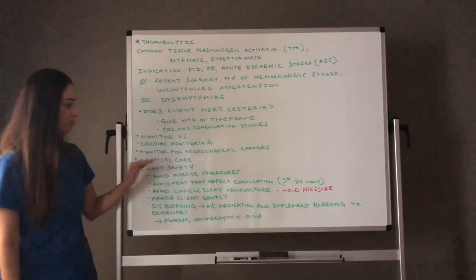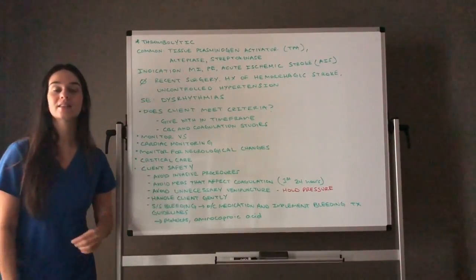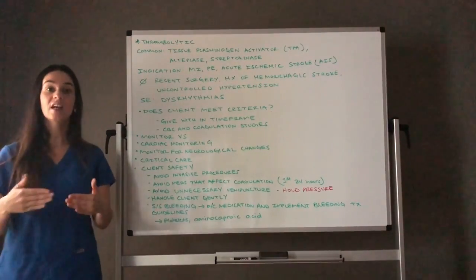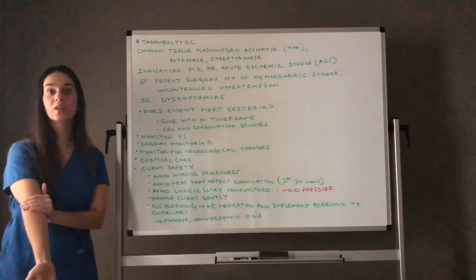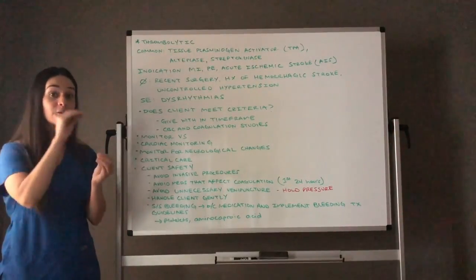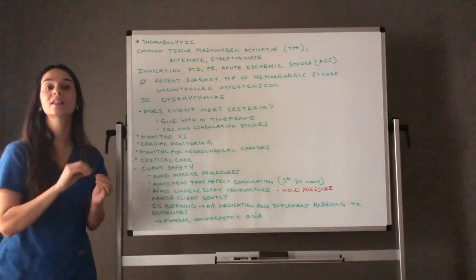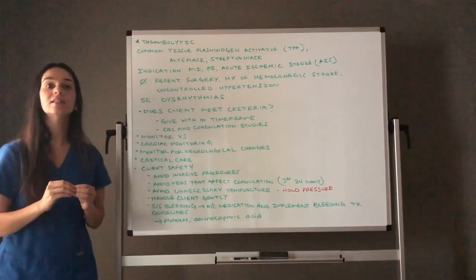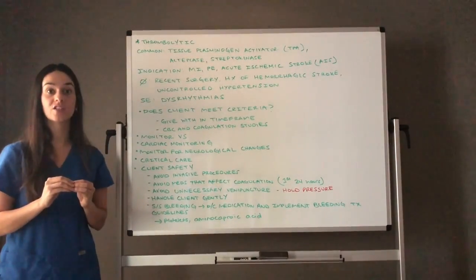We talked about sending them to critical care, and even more so client safety with these medications than just your typical putting more pressure when we are doing venipunctures. In the first 24 hours after receiving these thrombolytic drugs, these clients cannot get any other medication that affects blood coagulation.